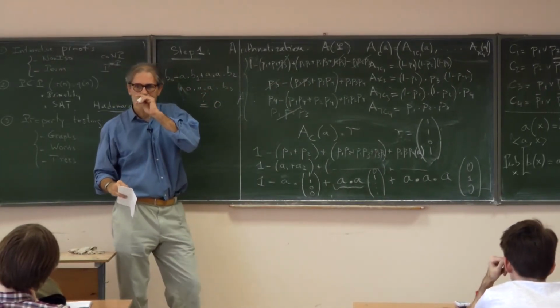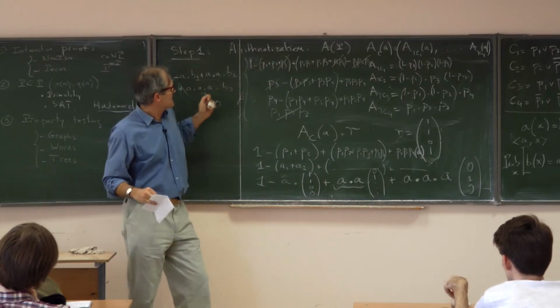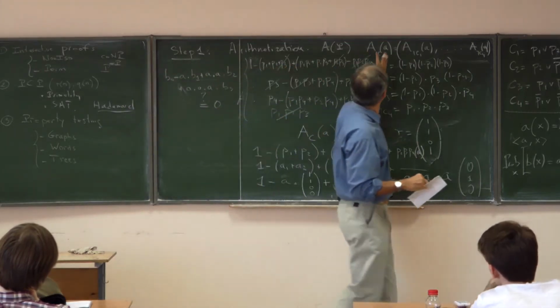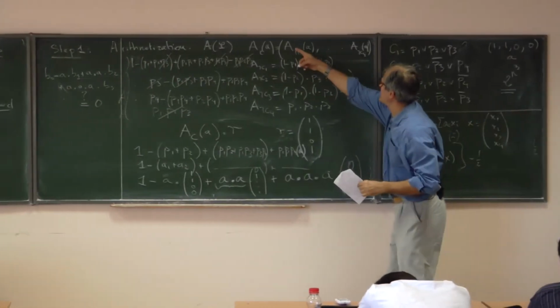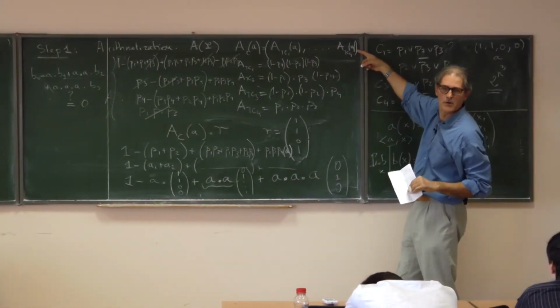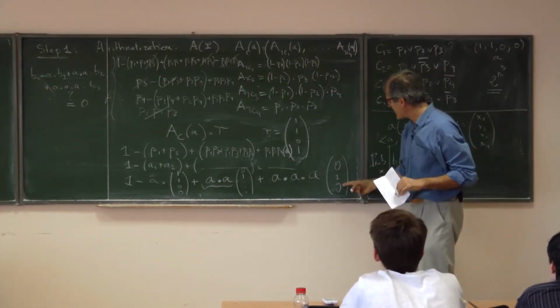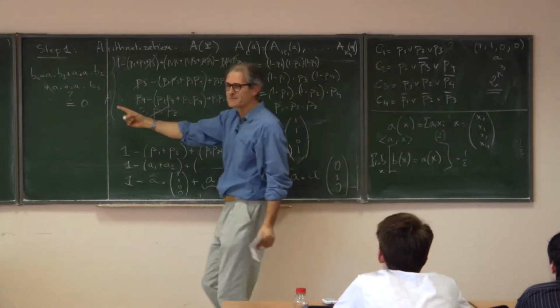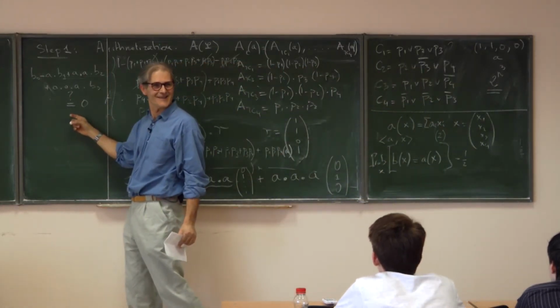In other words, if this is 0, 0, 0, 0, if I take a random R, I should get 0.